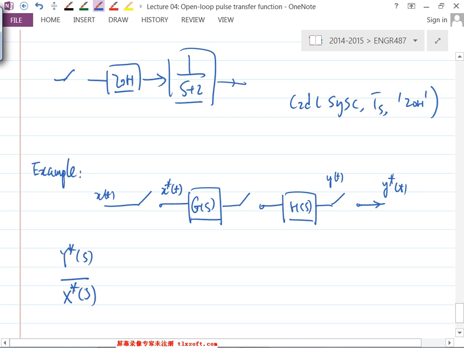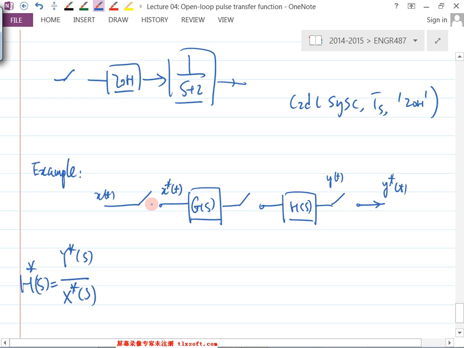If we can figure this out, that's my h star of s, and we can just basically replace the s back to z, right? Find the pulse transfer function. So what you need to do is basically go over this diagram to find the relationship.